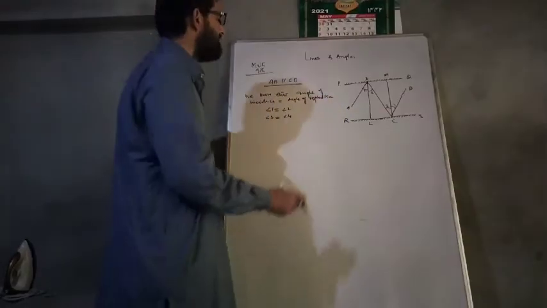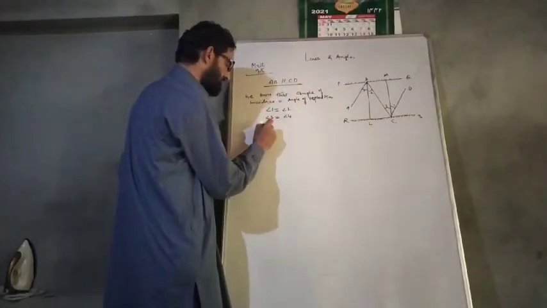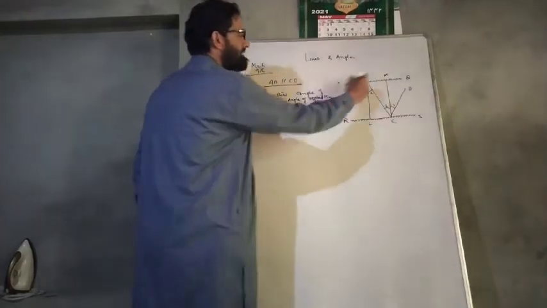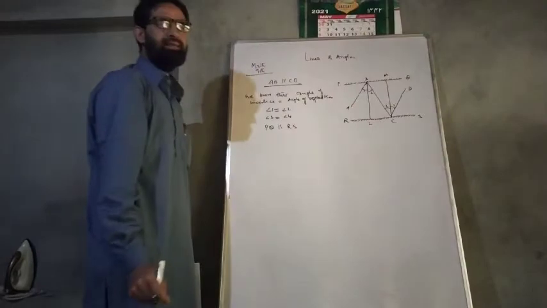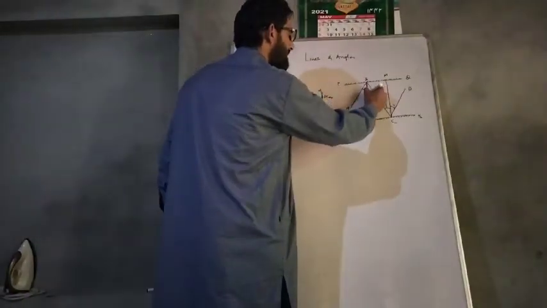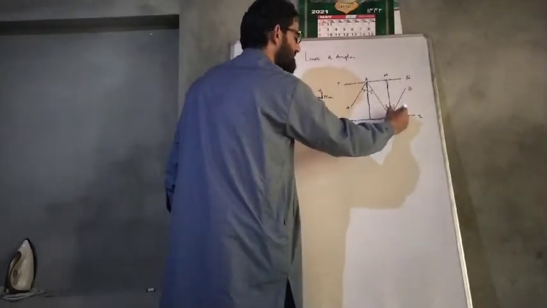Now see, we know that PQ is parallel to RS. This is given. What about this BL and CM? BL and CM are perpendiculars. Normal means they are perpendiculars. This is perpendicular. This is perpendicular.